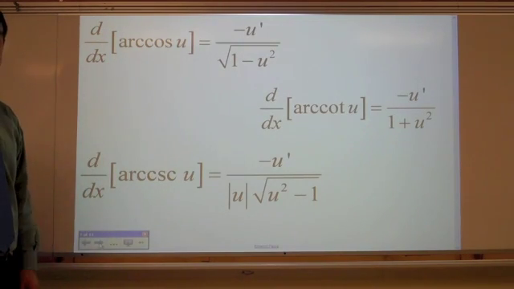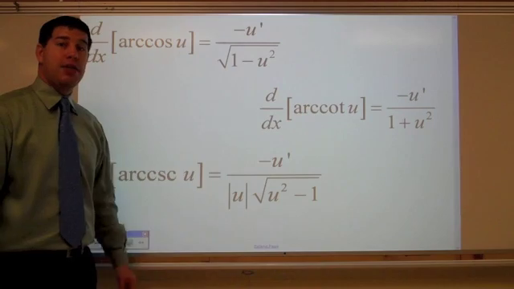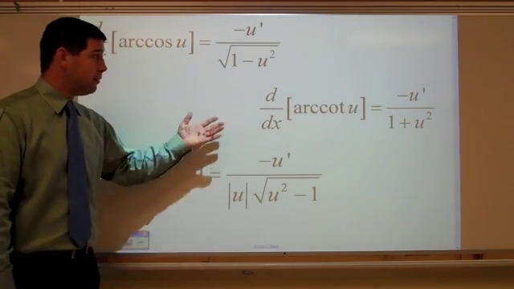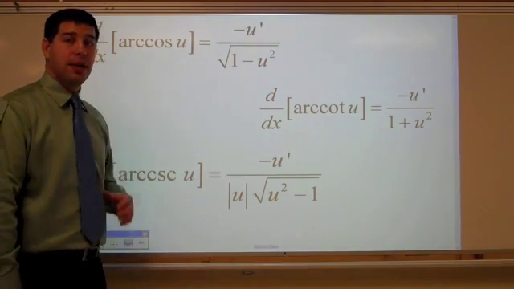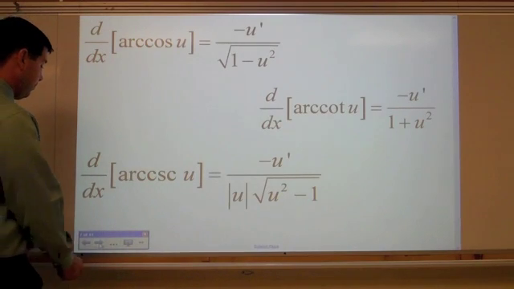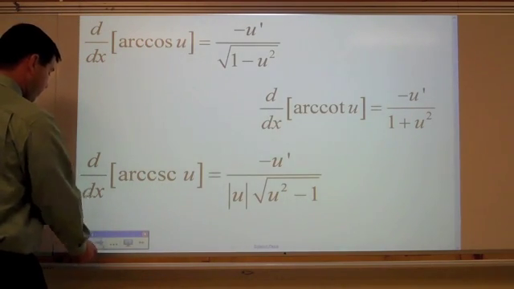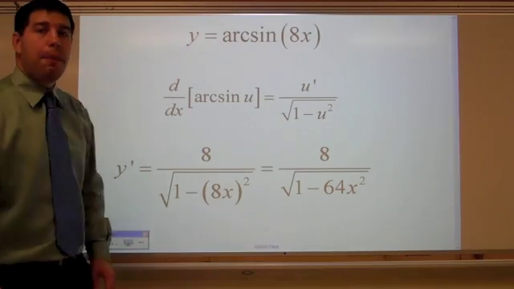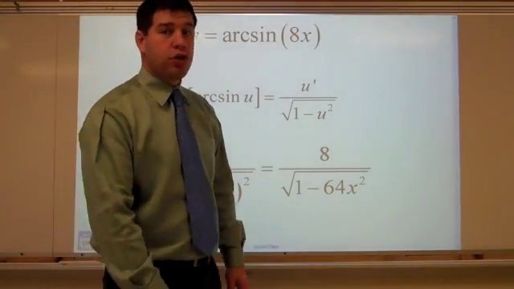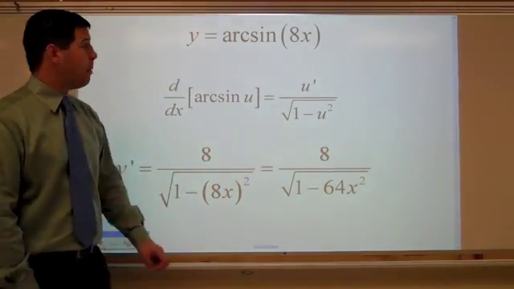So you do have to memorize all 6 of these, but 3 of them are just the opposites of the originals. Let's do a couple problems here, deriving arc-trig functions, and that'll be it.